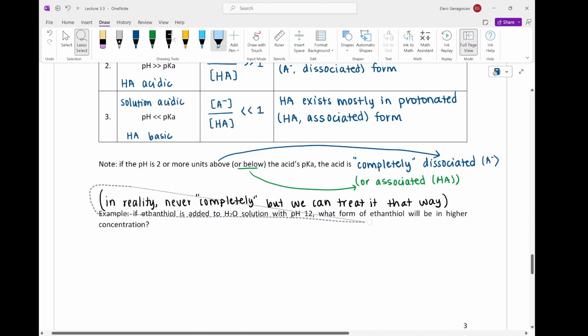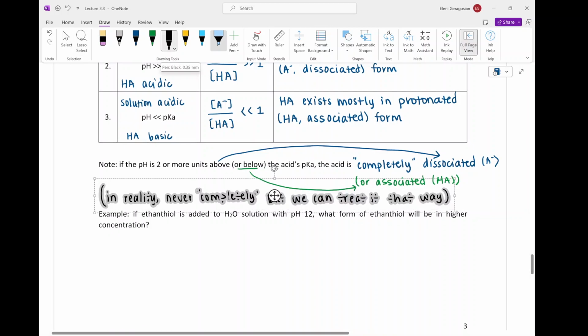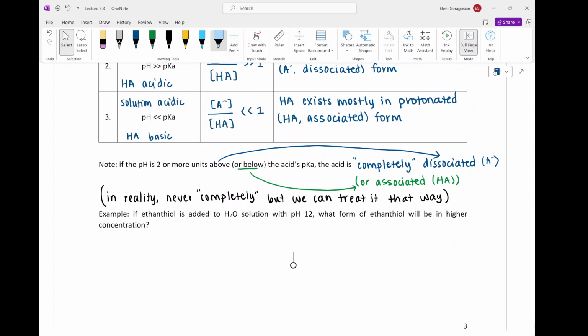If ethane thiol is added to H2O solution with a pH of 12, what form will be in higher concentration? So we need to know what ethane thiol is, and we need to know the pKa of ethane thiol. Thiol looks like OH for alcohol, but instead of an oxygen, we have a sulfur.